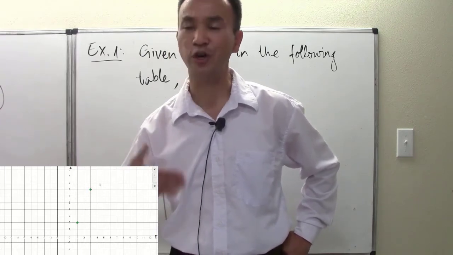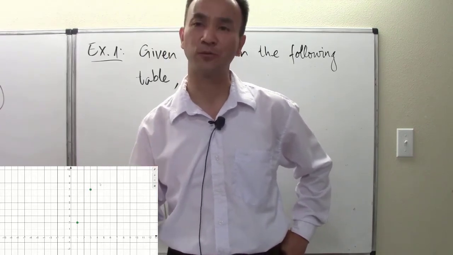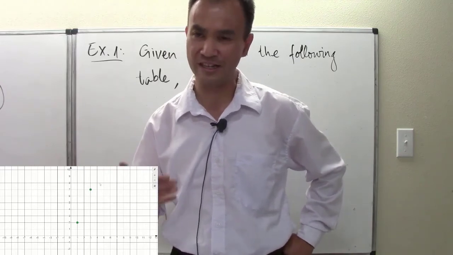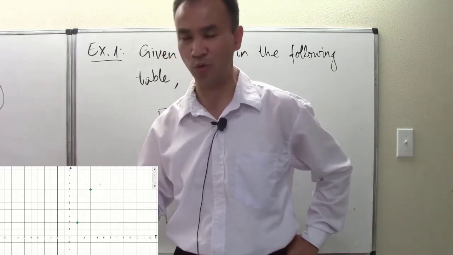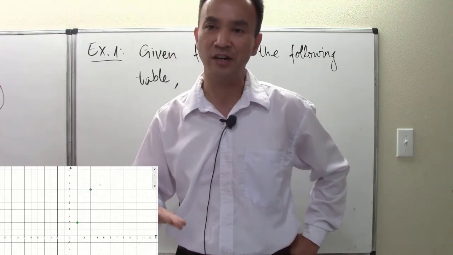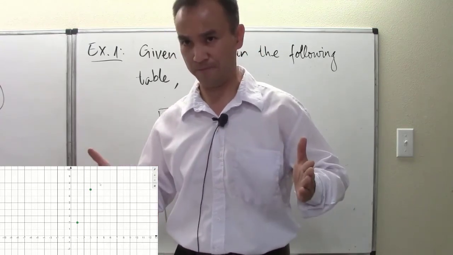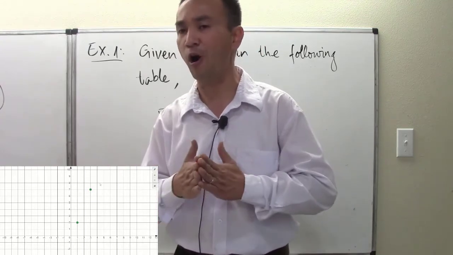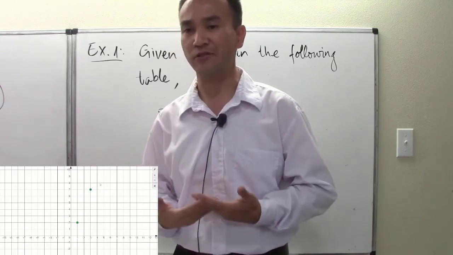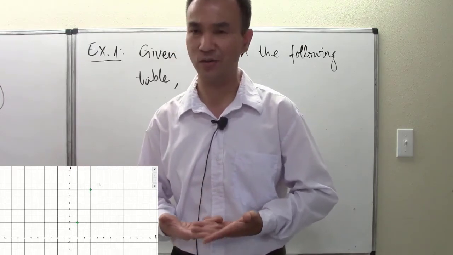I'm also starting to introduce the whole purpose of why we need to see a graph. Later in our course, as your mathematical learning gets more and more advanced, you will be spending all your days looking at graphs and analyzing them.